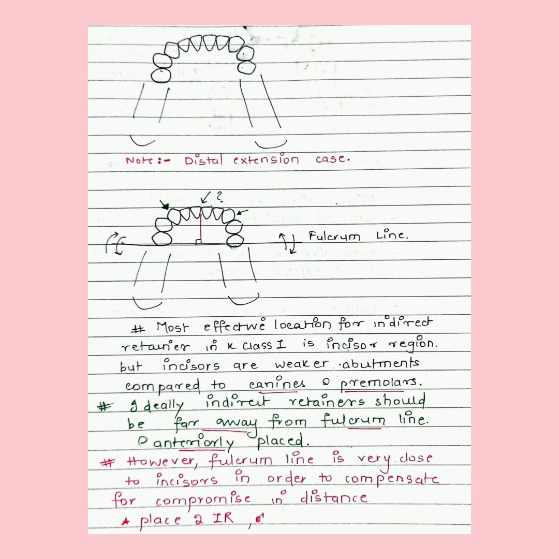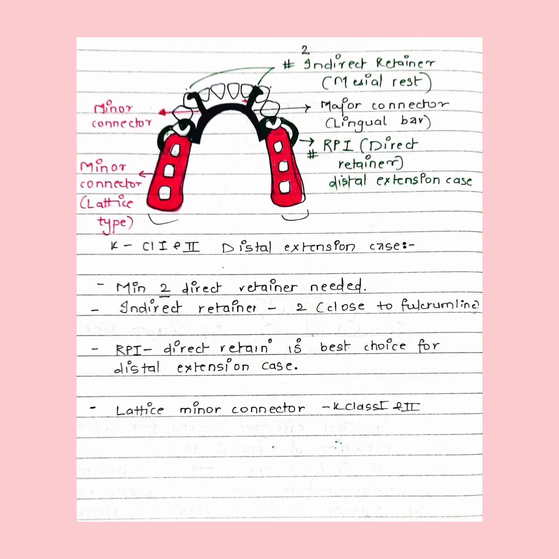But the fulcrum line is very close to incisors, and in order to compensate for this compromise in distance, we give 2 indirect retainers here on both the canines. Since it is a distal extension case, the mesial rests are placed as indirect retainers on both the canines, and RPI direct retainer will be given on the last abutment teeth.